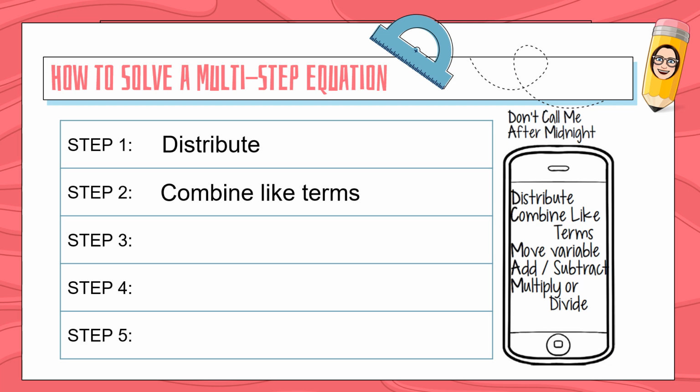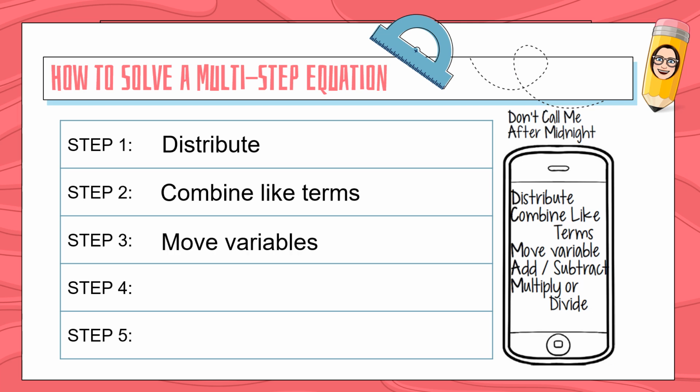Step 2, if you have anything on the left side of the equation that can go together, or anything on the right side that can go together, take care of that. It's not an absolute, but it will make things easier. So these steps are going to make it so it's the path of least resistance.